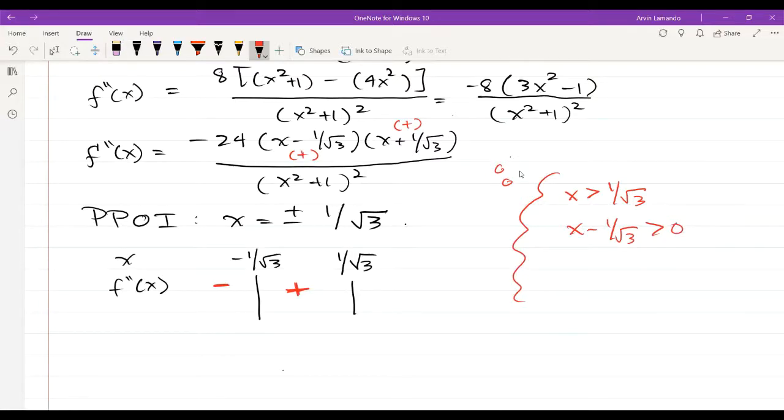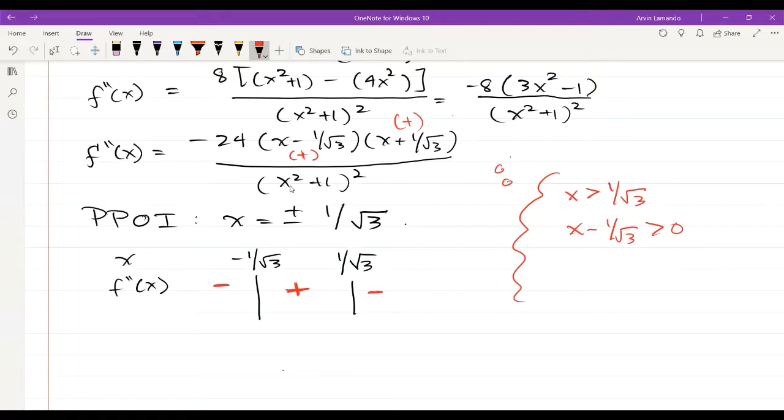So this factor is positive. This factor is also positive. So positive times positive times negative, all over positive, is negative.